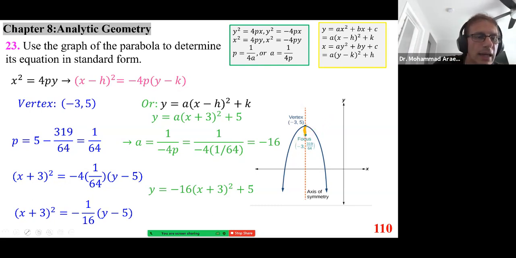So this again is the value we call p. Again, since it opens down, a is negative. The distance can't be negative, but that's why we say 1 over minus 4p in essence.